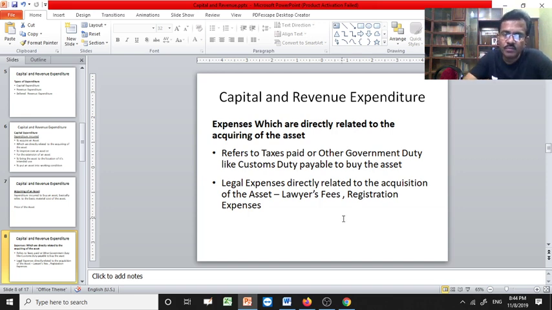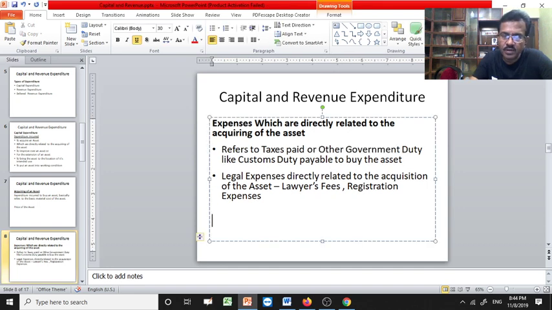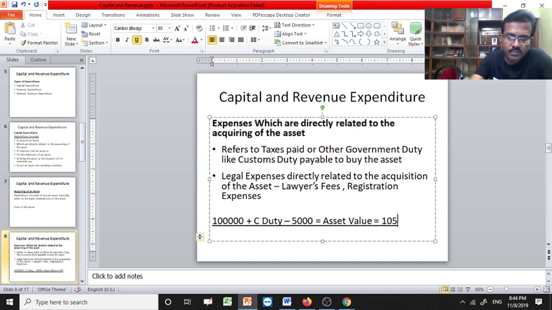For example, if you are buying one asset of say 1 lakh rupees, and for that you have to pay customs duty to the extent of say 5,000, this customs duty you are going to capitalize, and your asset value will become 1,05,000. This is what is going to happen.